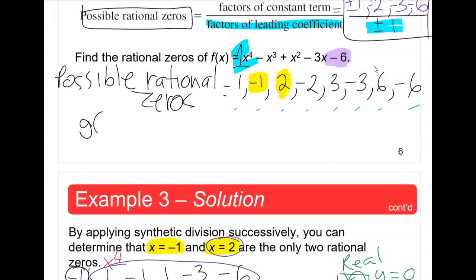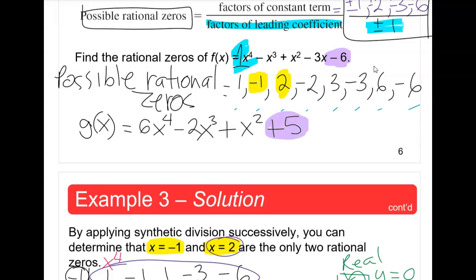So let's say g of x equals 6x to the power 4 minus 2x cubed plus x squared, and then let's skip the x term and we'll just put a constant, 5. So if we apply this theorem, we need to get the factors of the constant.